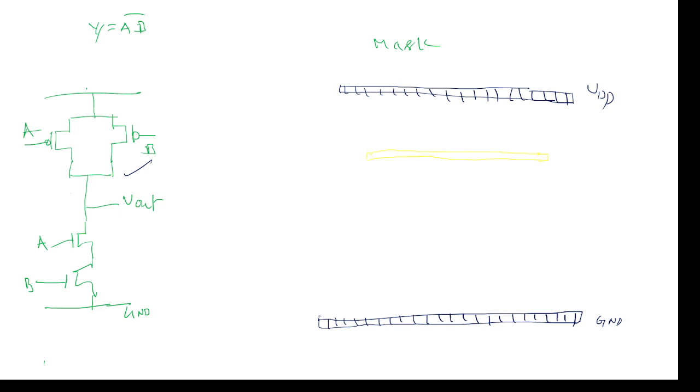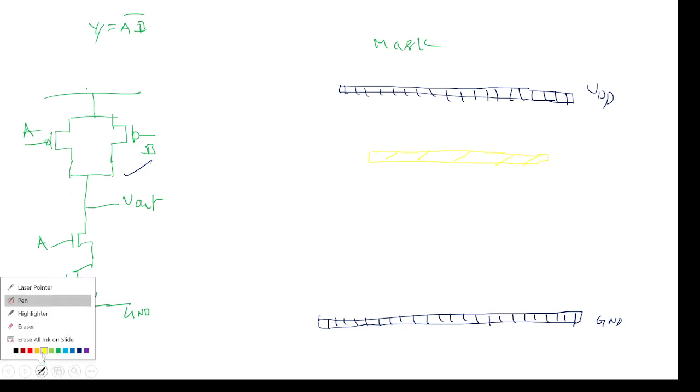So this is yellow, P diffusion. The P diffusion symbol is right side lines, with the gap between them being high. So this is the P diffusion, and over the P diffusion, this is the first transistor I am assuming.